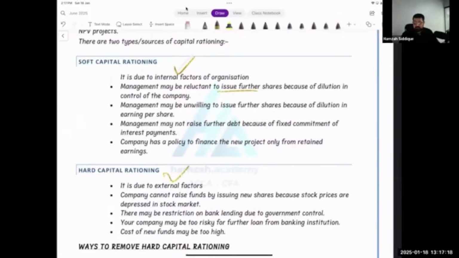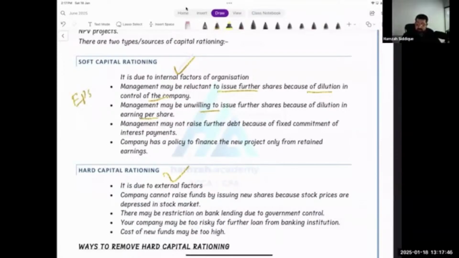Management is reluctant because they think that if we issue shares to the public, the company's ownership will go into the hands of others as well. Current people who have company control will lose control because other people will also have shares. Management does not want to issue further shares because EPS, earnings per share, will reduce.